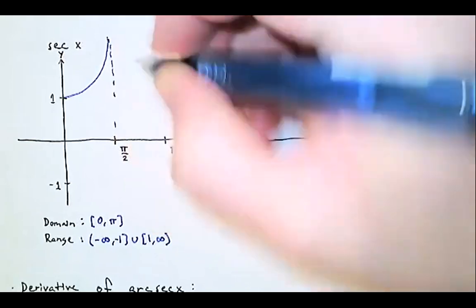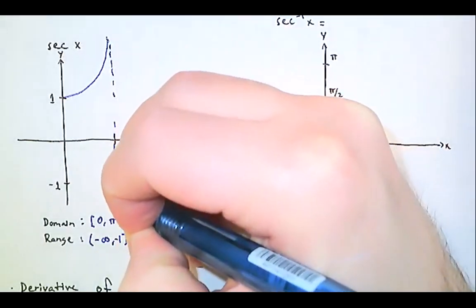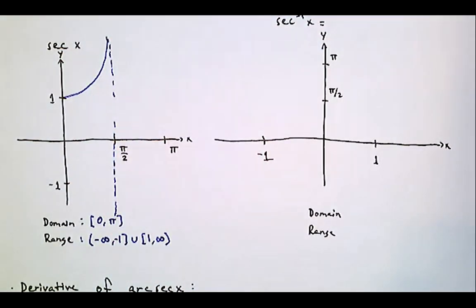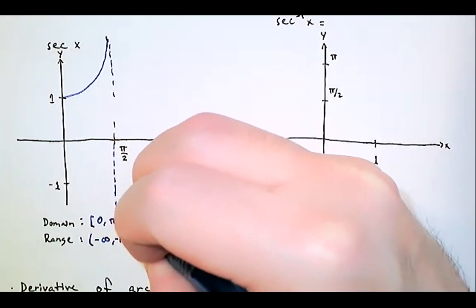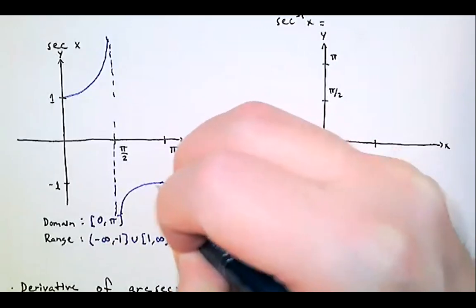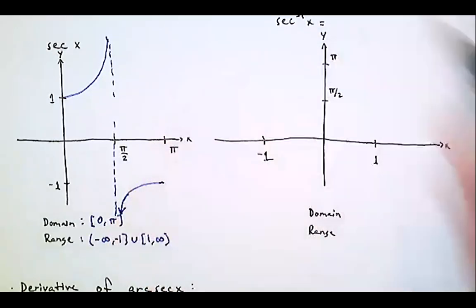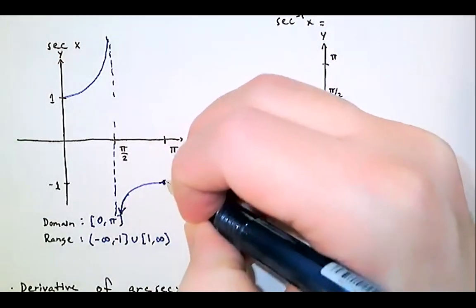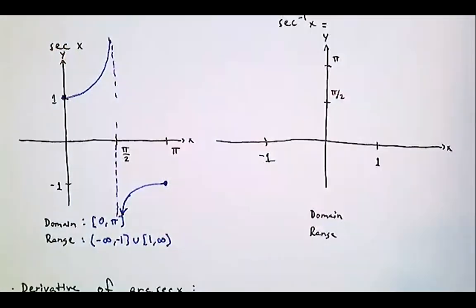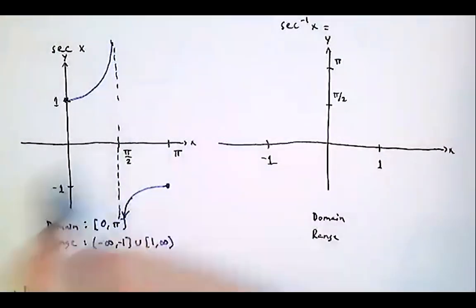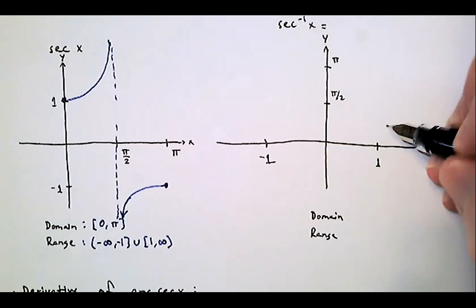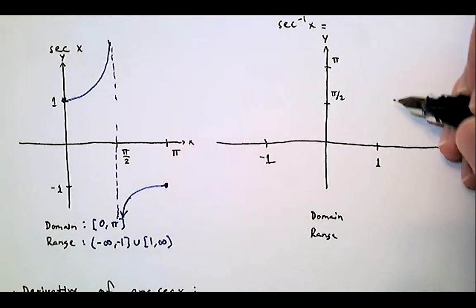There's a vertical asymptote here at pi over 2, and then another vertical asymptote going down this way. And then this gets mirrored across the line y equals x, and we end up with a shape like this.